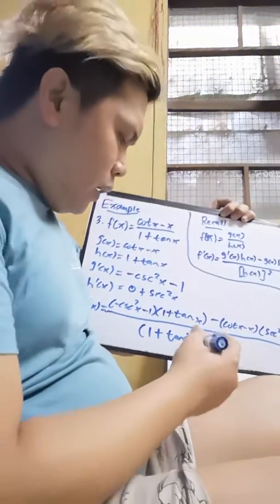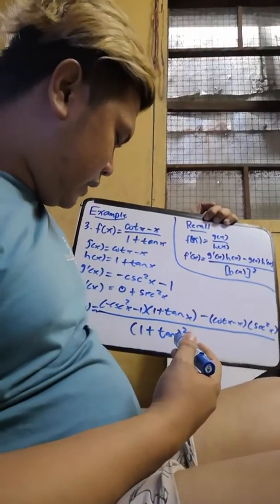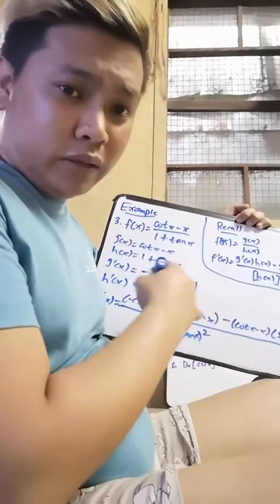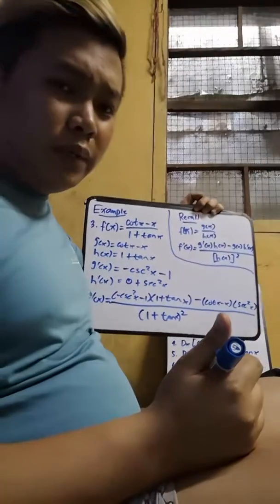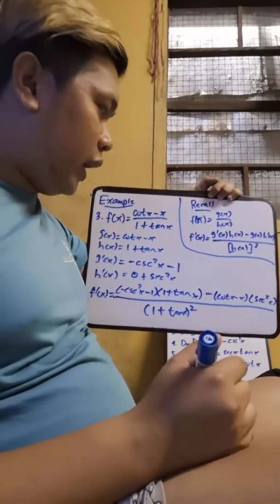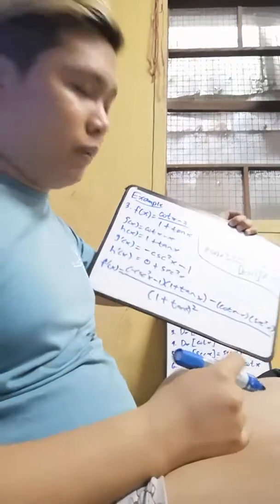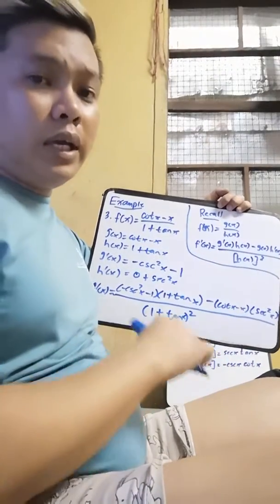Okay. You can evaluate, pero wala naman ang makakancel dyan, I think. And you can solve it if you want. Pero, same thing with the product rule. As long as na-apply nyo naman ng tama yung formula sa product rule or sa quotient rule, okay na yun. Okay?